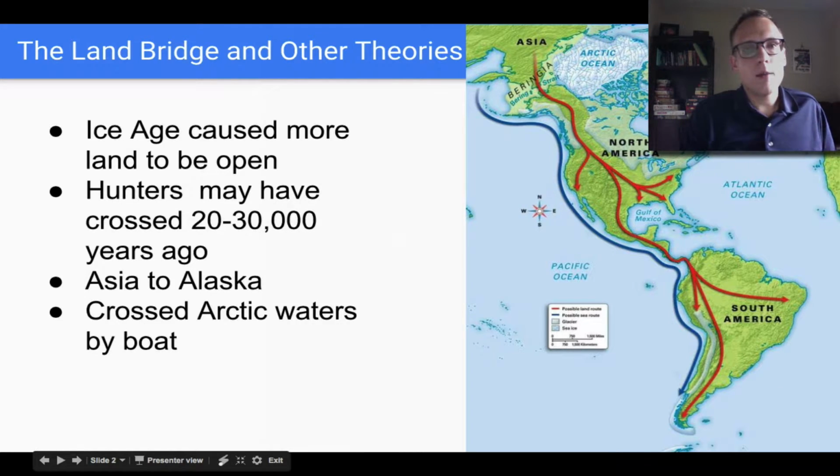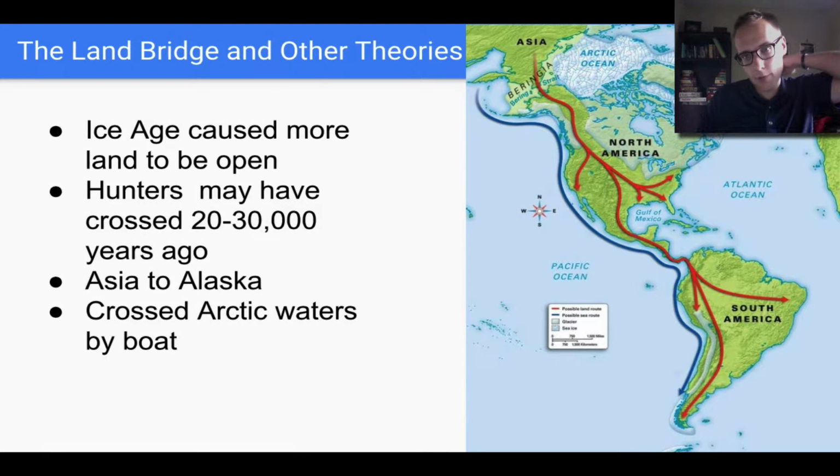Okay. From what archaeologists and historians tell us, there are a variety of ways that people might have first gotten here. The first way, and it's the most accepted way by archaeologists, is the land bridge theory. So tens of thousands of years ago, we were in a time of an ice age. There was a lot more land exposed because the ocean levels were lower.